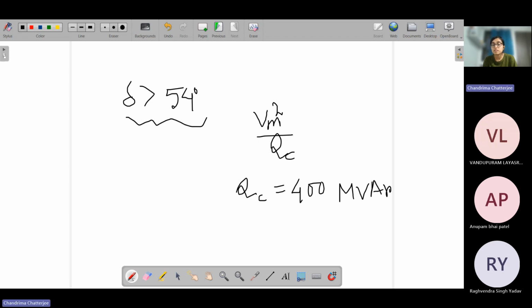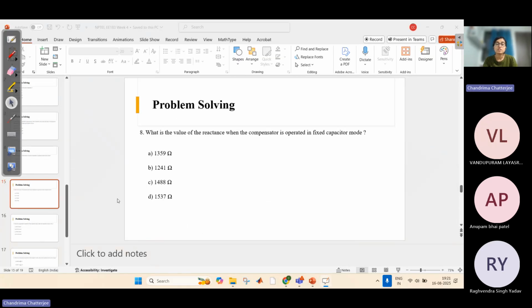What will be the answer? 1488.9. So the answer is 1488.9. Okay, so option C. This is the correct answer. Fine by everybody.